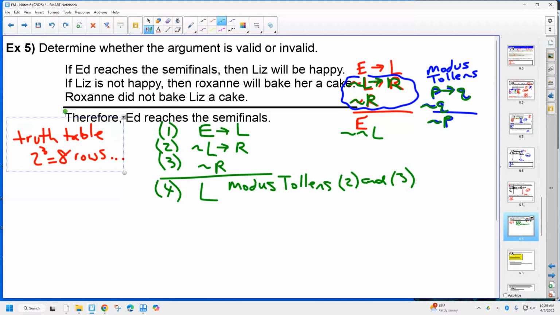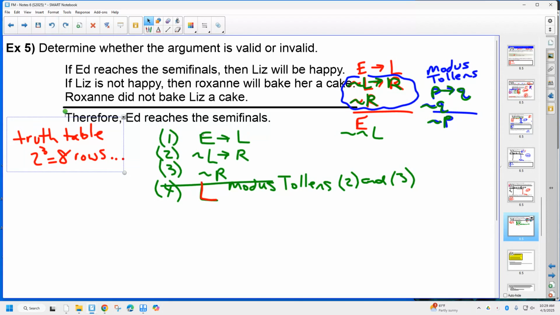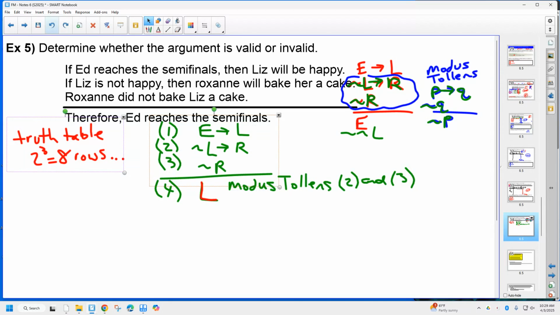But then if you look at 1 and 4, if you've got this and you've got this, it would be nice if we had E and we could slide to the conclusion. But this is backwards. This is one of those fallacies.